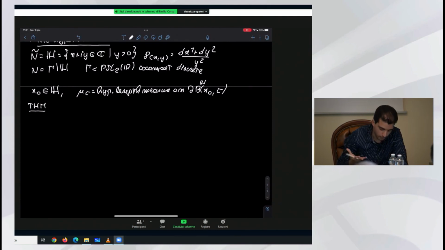So what is due to Randol is the extension to any dimension, with an effective equidistribution in any dimension. That's exactly what is due to Randol. So the mu t equidistribute.